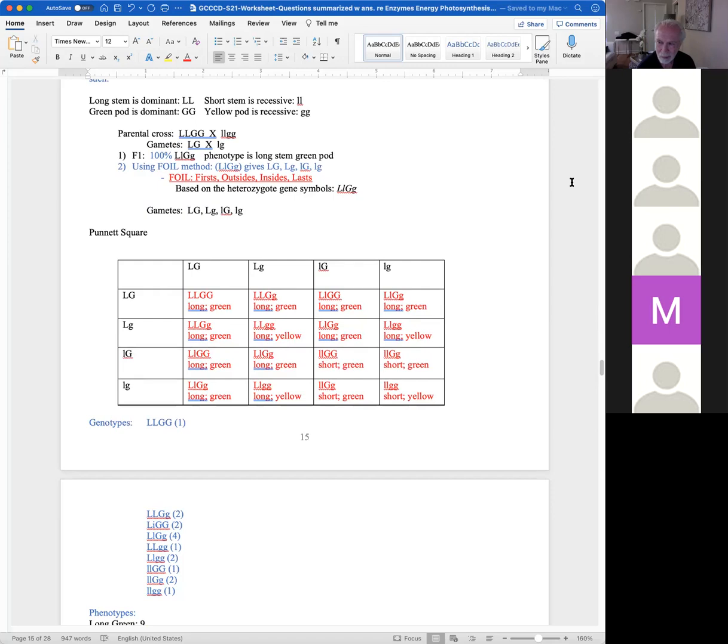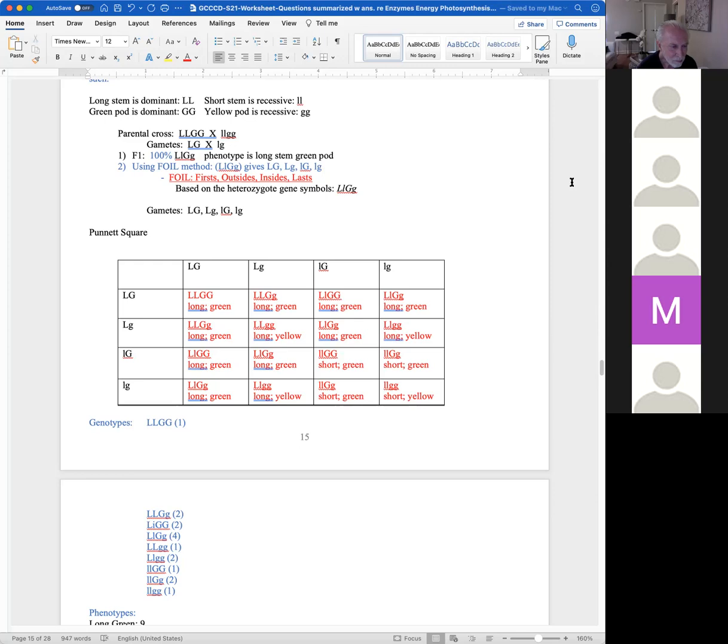You know that you're just combining the letters from the left side box and the top box. For instance, if I look at the third column with the little l, big G, and say I'm crossing it with the second row, which is big L, little g, I have a big L and a little l, and I have a big G and a little g, because those are the two combinations that would come up.